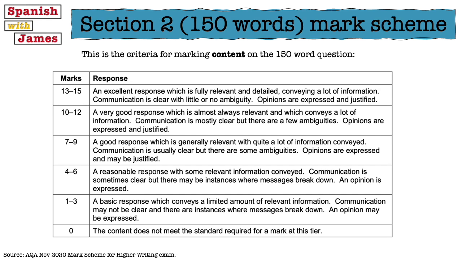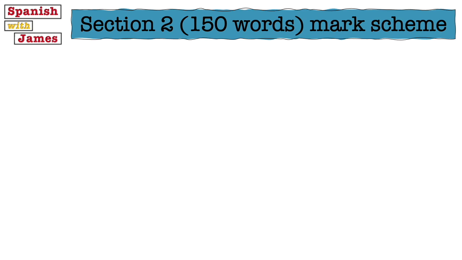Communication is clear, and this time it's not almost always clear, but it's pretty much clear all the time. There's very little scope for confusion. So if you said all of this to a native speaker, they'd really understand what you're talking about, and opinions are both expressed and justified. Again, have a pause of the video and read through the other bands so that you're aware of the kind of scope between 0 marks and 15 marks.